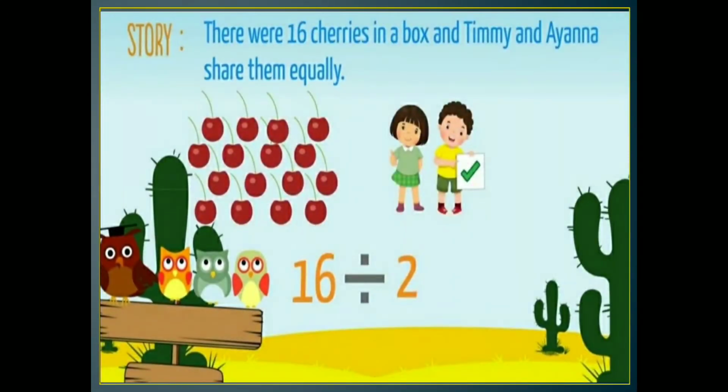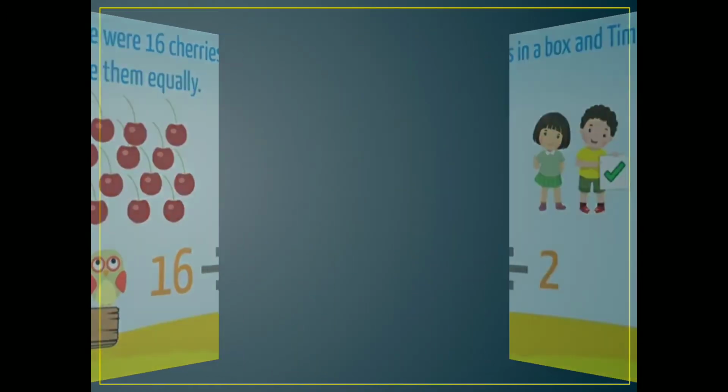You know that division means equal sharing. So let's understand with a story. There were 16 cherries in a box, and Timmy and Ayana shared them equally. So you can see here there are a total of 16 cherries, and these cherries are divided between two children. It means 16 divided by 2.